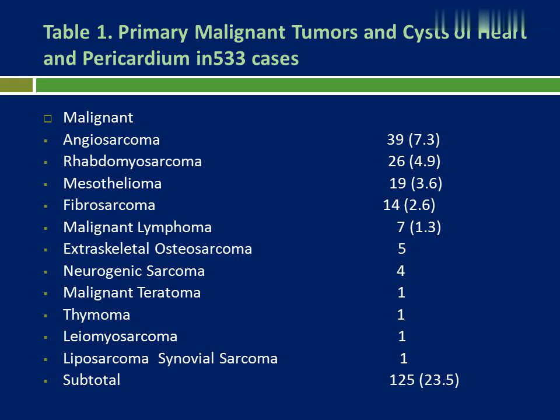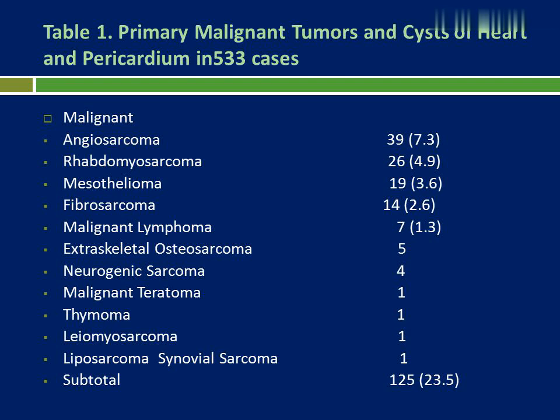Table 1. Primary malignant tumors and cysts of heart and pericardium in 533 cases. Angiosarcoma 39, 7.3. Rhabdomyosarcoma 26, 4.9. Mesothelioma 19, 3.6. Fibrosarcoma 14, 2.6. Malignant lymphoma 7, 1.3.